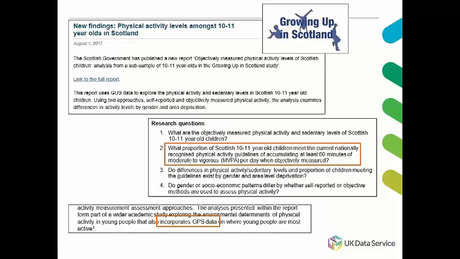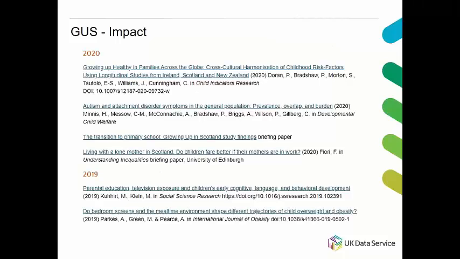So another issue they looked into was physical activity levels amongst 10 to 11-year-olds in Scotland. And they also had quite an interesting way of measuring things here. So for example, they incorporated GPS data. Again, I would encourage you to look into that. I don't have the time to unfortunately mention everything I would like to, but just to give you a hint.